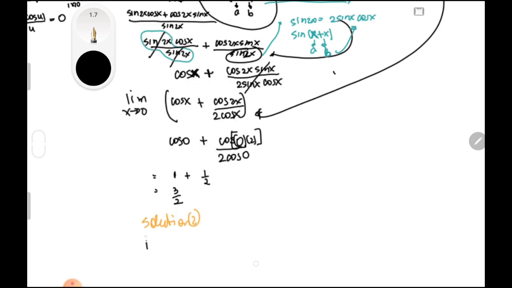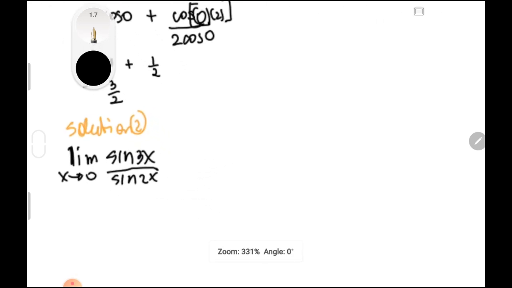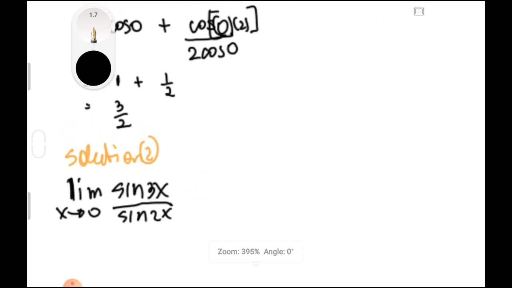The limit of sine 3x over sine 2x as x approaches 0. So how will we do it? Always take note that we have the form of the theorem, which is the limit of sine u over u as x approaches 0 is equal to 1.